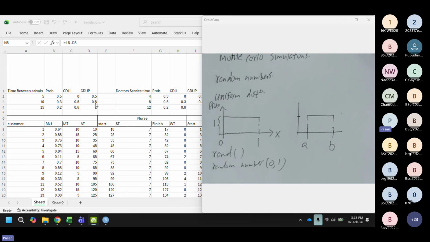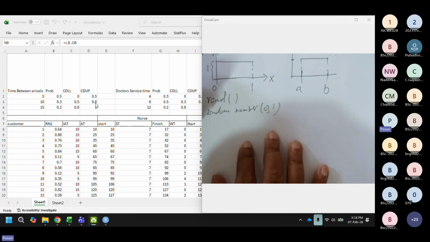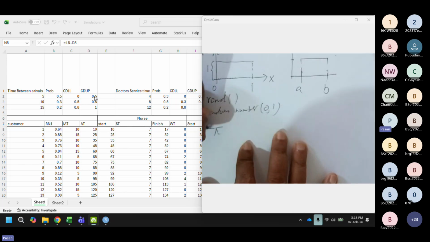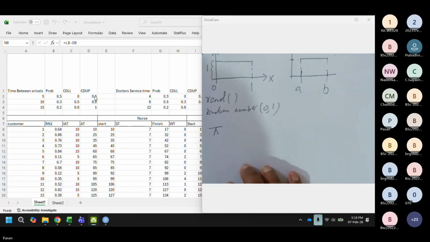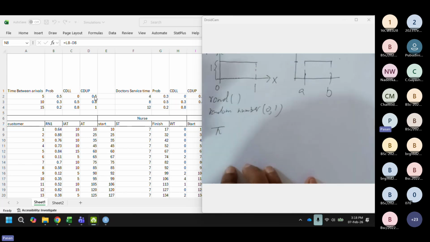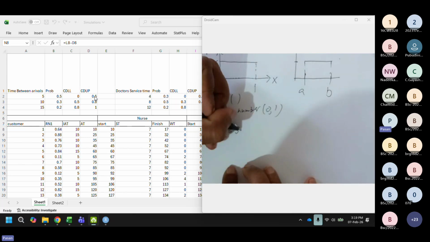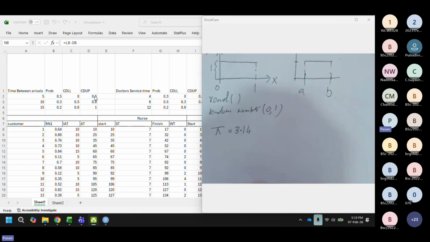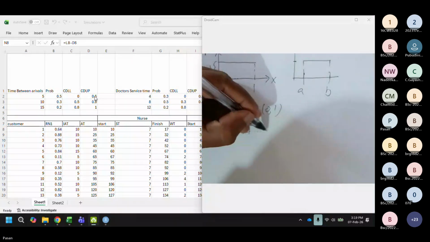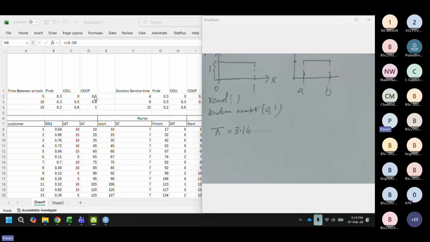So in the earlier days, you guys are familiar with this number pi, right? We have that number as 3.14, something like that, right? Now, if you look at that, it has larger decimal places.